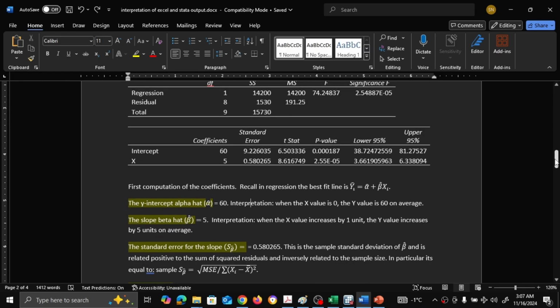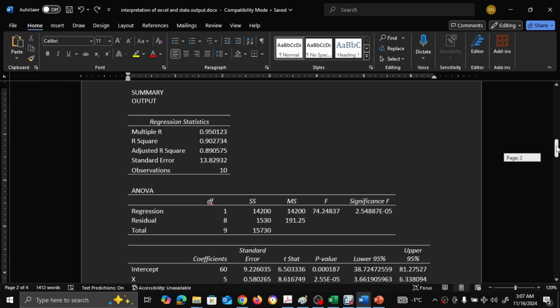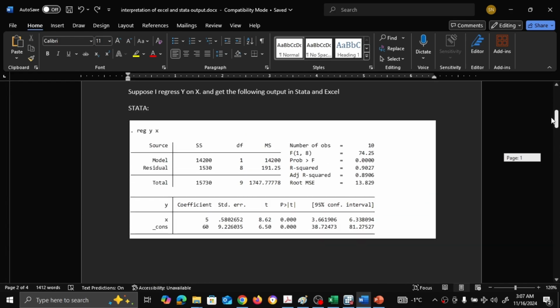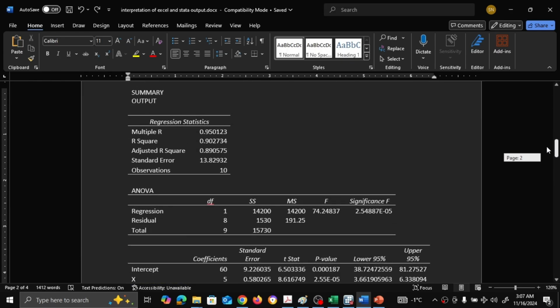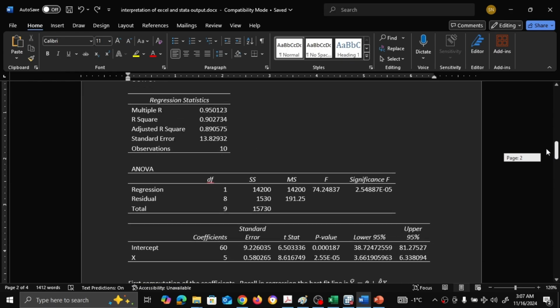So what do we see from some of the first results here? You can see there are the STATA results, and the Excel results.